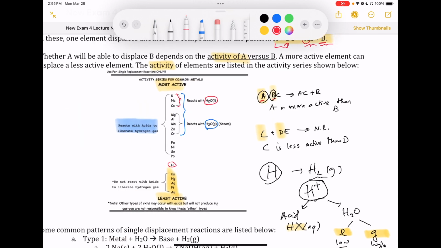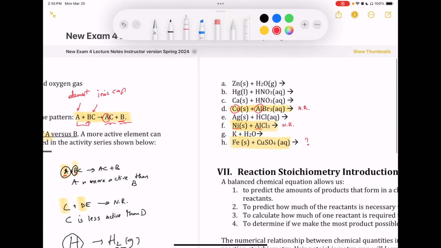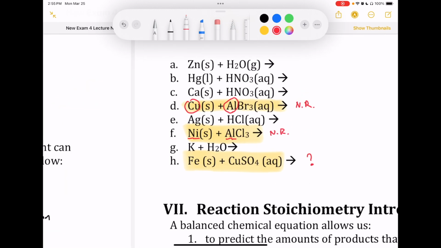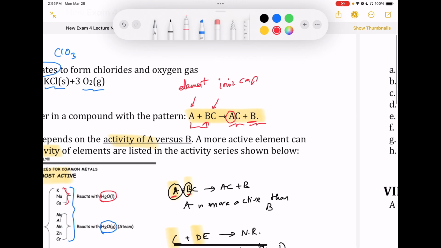Okay? Now, let's apply this idea that we just learned to some of those other questions in the single displacement problem set here. So here we have zinc, and it's being reacted with gas water. Let's take a look at where zinc is on the activity series, and where water is on the activity series.